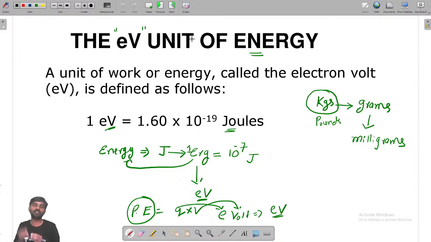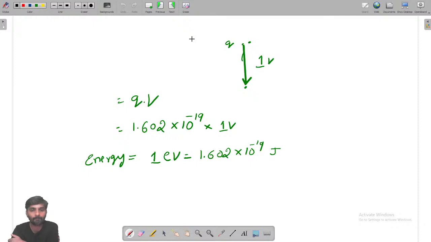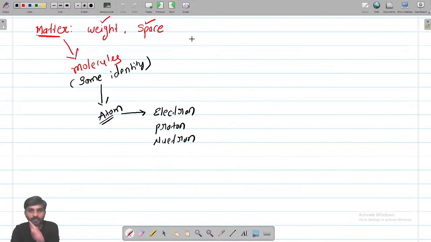But electron volt is the smallest unit of energy, just like grams, kilograms, milligrams, micrograms. We have seen that 1 electron volt is 1.602 times 10 to the power minus 19 joules.